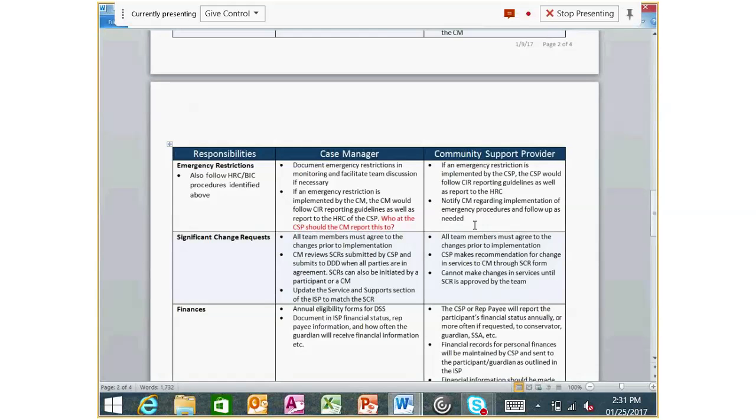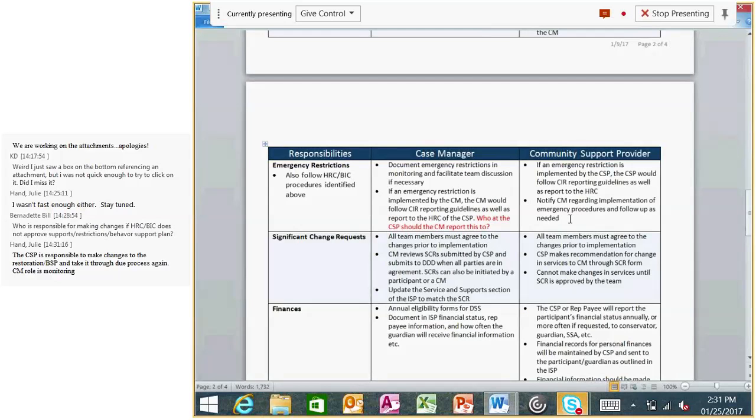All right, so we wanted to open up for discussion, and you can either unmute or chat in the chat box. With emergency rights restrictions and the case manager having to report those to the Human Rights Committee of the CSP so that it can go through due process, we wanted to get feedback from CSPs in particular about who a case manager should report an emergency rights restriction that happens on their watch to.